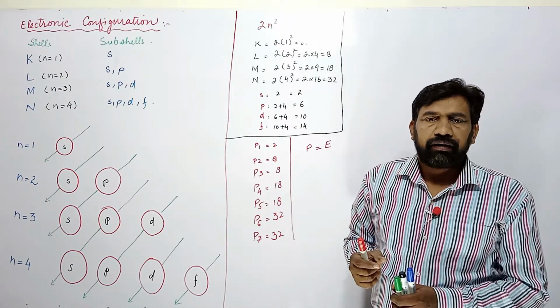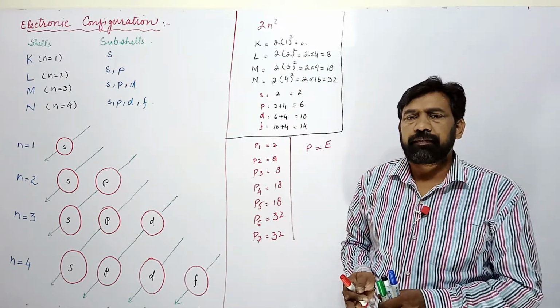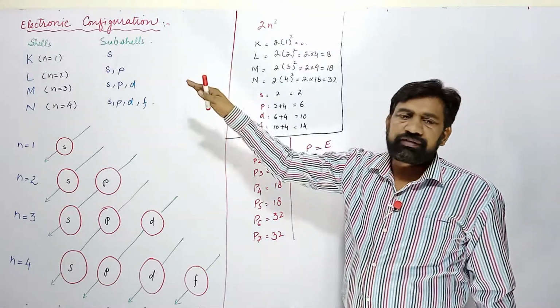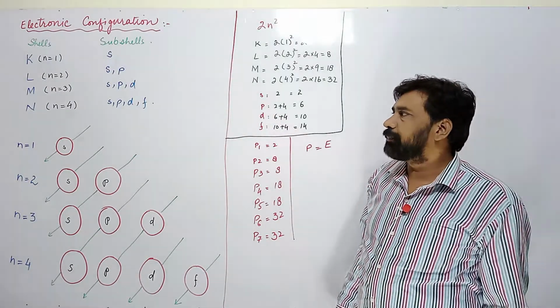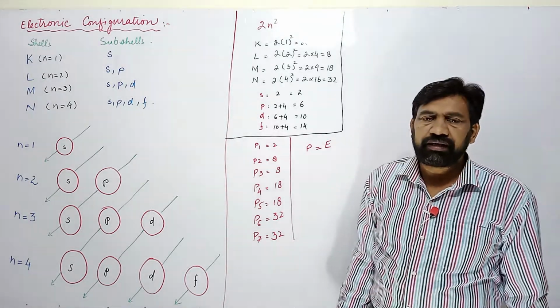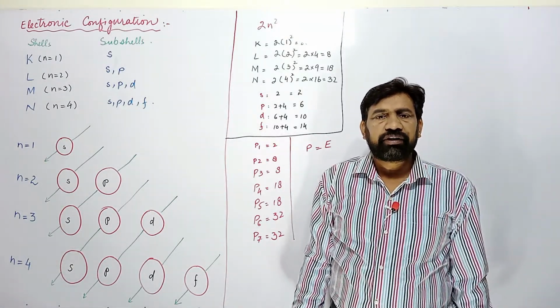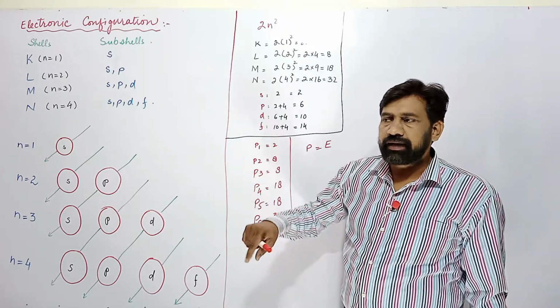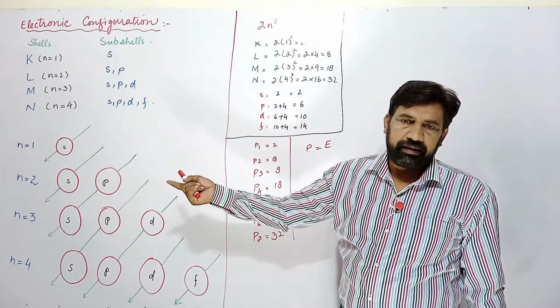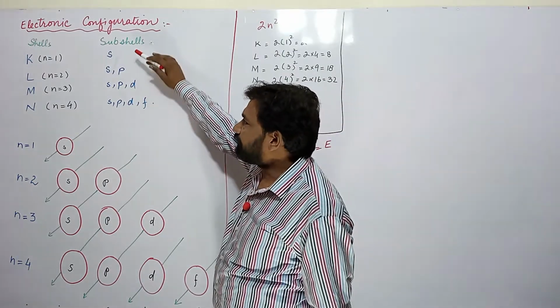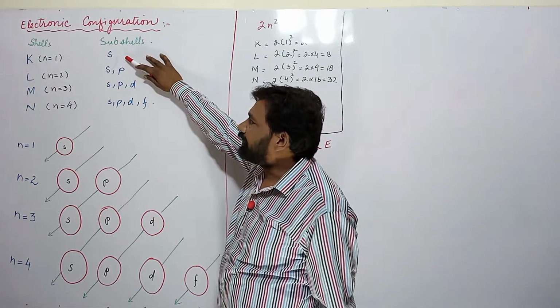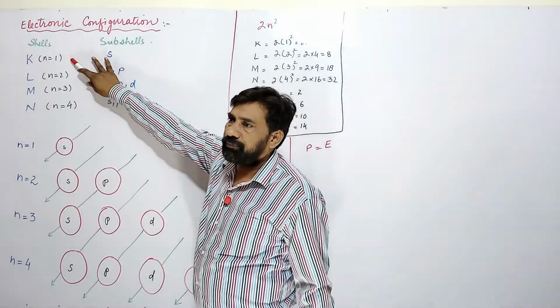So remember, according to Aufbau principle, first of all, the lowest energy shell will be completed, or the number of electrons which can be accommodated in the lowest energy level will be accommodated first. Then electrons will move to the higher energy level. For example, in case of these shells, first of all, electrons will complete K shell.